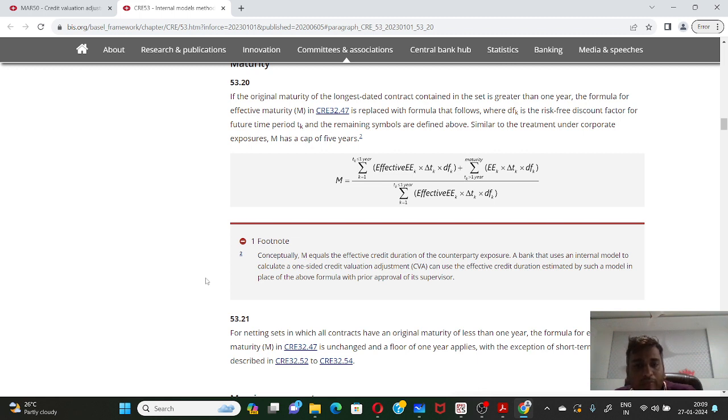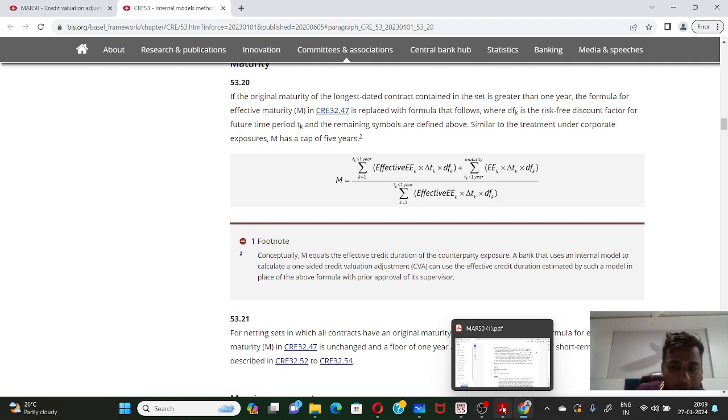So this is the duration equivalent of that counterparty credit exposure. In other words, M will be in years, roughly. We will see exactly what it is, but we'll come back to that.